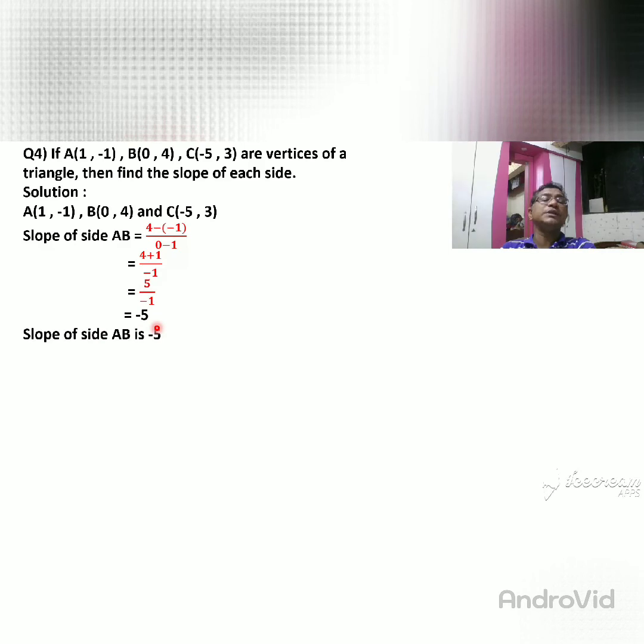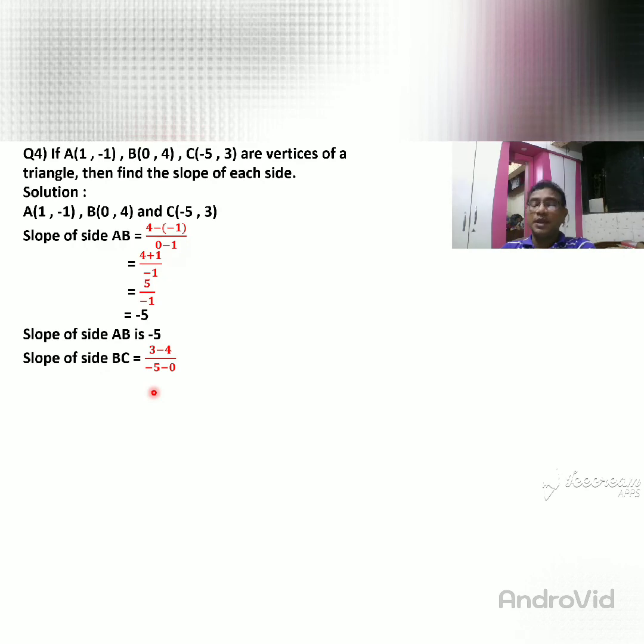Then the slope of BC. y2 is 3 and y1 is 4, so 3 minus 4. Then x2 is minus 5 and x1 is 0. In 3 minus 4 the signs are not the same, so subtract: 4 minus 3 is 1, and the bigger number has the minus sign, so minus 1.